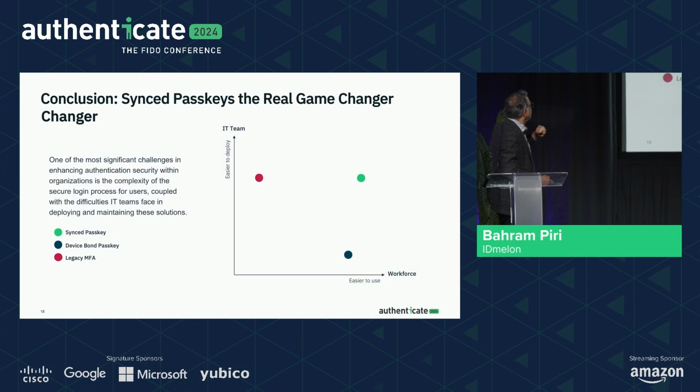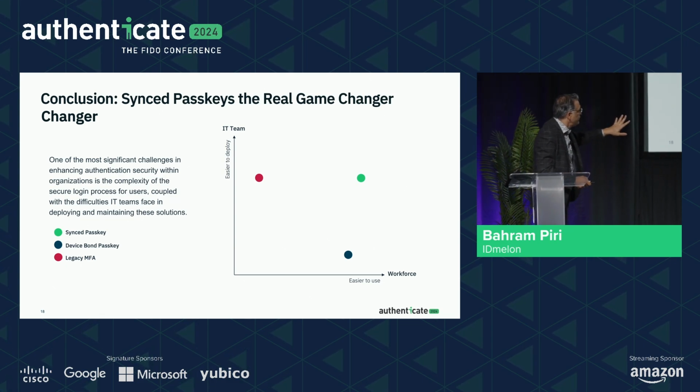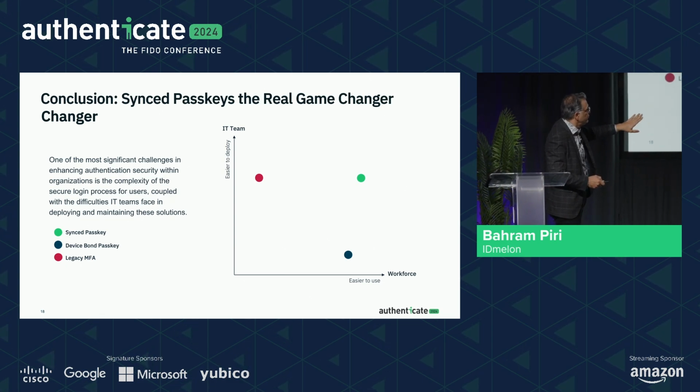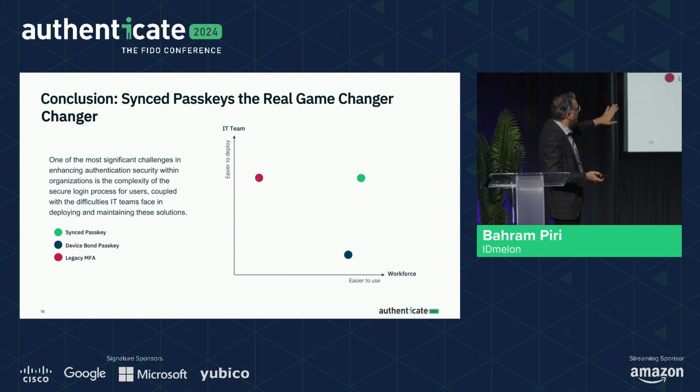In the last slide, I want to compare three things: Sync Passkey, device-bound passkey, and legacy MFA, in two aspects: how easy to use by the workforce, and how easy to deploy by the IT team. Definitely, legacy MFA is so easy for the IT team to deploy, but device-bound passkey is too hard to deploy, for the reason everybody knows.